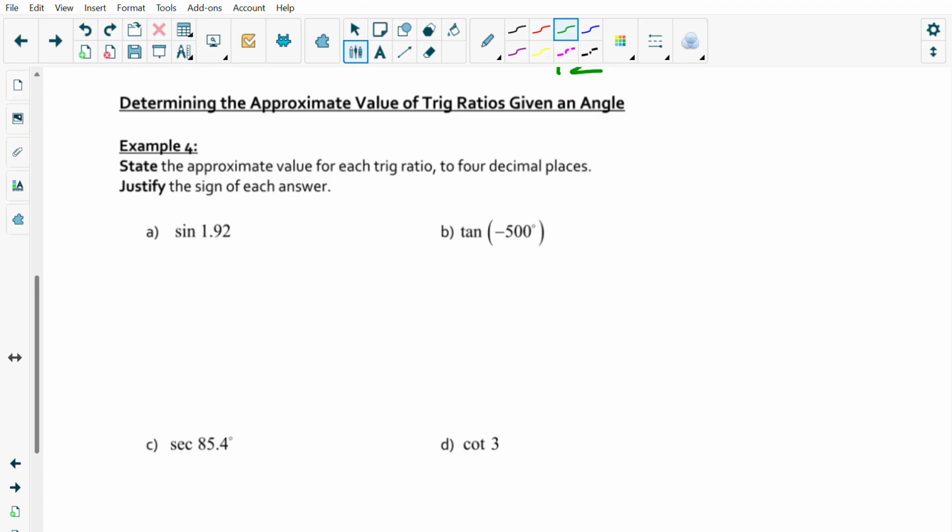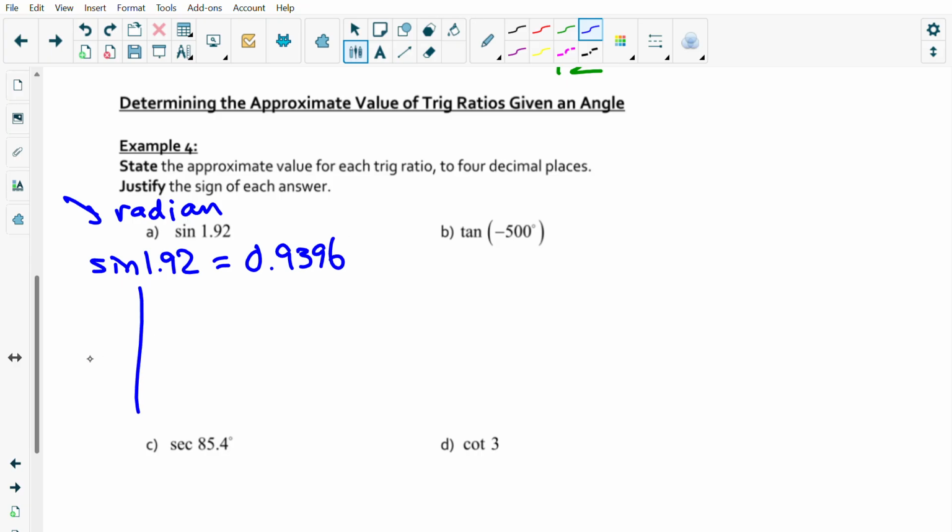Okay, last one here. Determine the approximate value of trig ratios given an angle. Justify the sign of each answer. Okay, sine of 1.92. Okay, so we need to be in radian mode for this one, right? So I don't see a degree, so this is radian mode. So sine of 1.92 equals 0.9396, so a little bit of calculator work.